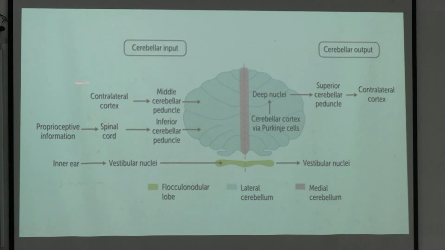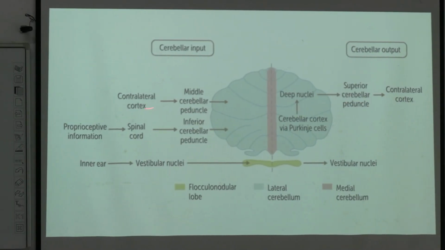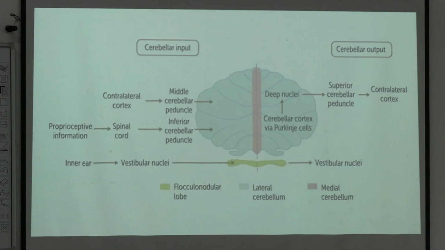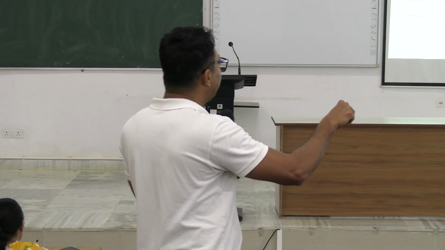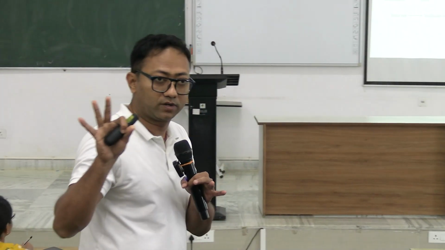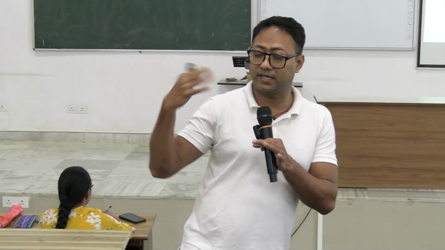So cerebellar input. From the contralateral cerebral cortex, the opposite cerebral cortex, through the middle cerebellar peduncle, it comes to cerebellum. Then proprioceptive information: your cerebellum takes proprioceptive information from your sensory system.